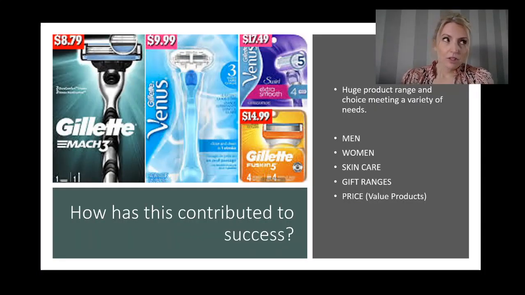So, a bit of a recap, just to cover my P's, and we've spoken a lot about it being a man's blade, but actually it has got one of the most diverse ranges going on. It's got your men, your women, it's got your self-care ranges with your creams and your shaving balms and your foams. It's got your gift ranges for men and for women, all customisable.